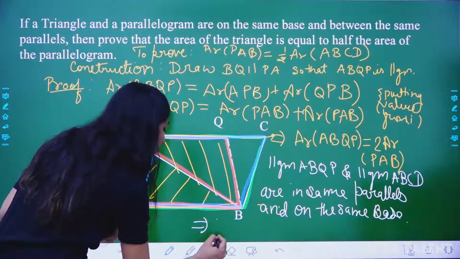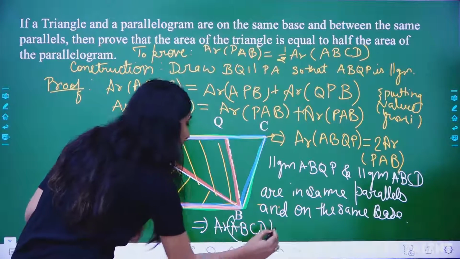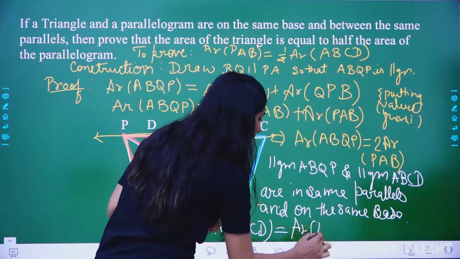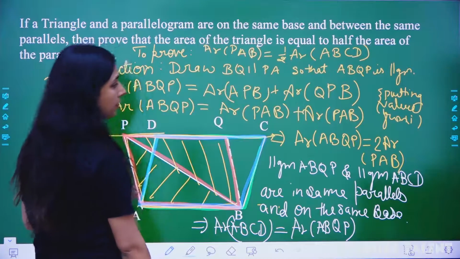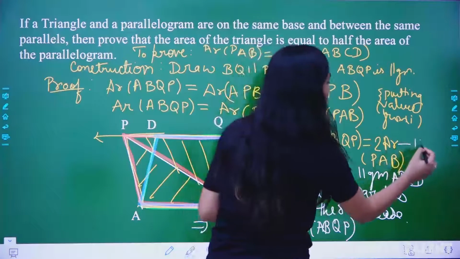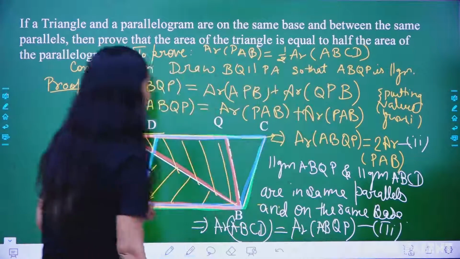This implies that area ABCD is equal to area ABQP. Make it an equation. That was our first equation. Put it second and put it third.